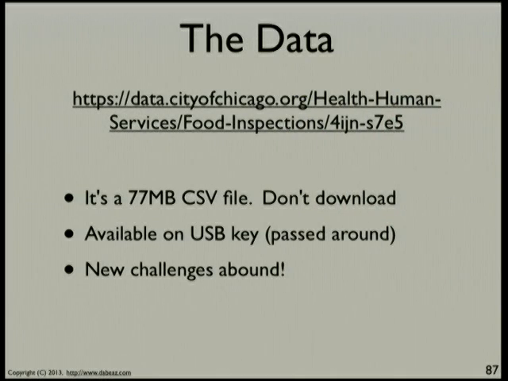There's a ton of data in there, a 77 megabyte file. Some of the stuff in there is pretty interesting. They tell you who passed and who failed the inspection. They have the inspector notes saying there are rodent droppings and you didn't clean this stuff. There's a ton of stuff in there.